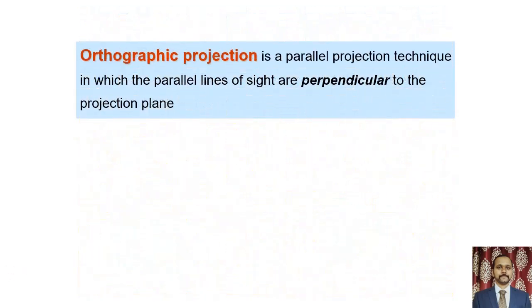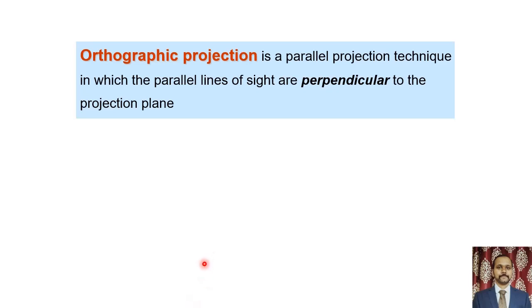Then we are going to see what orthographic projection is. Orthographic projection is a type of parallel projection. It is the parallel projection technique in which the parallel lines of sight are perpendicular to the projection plane.